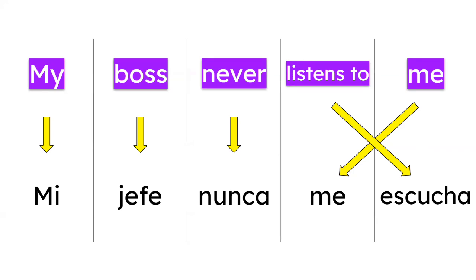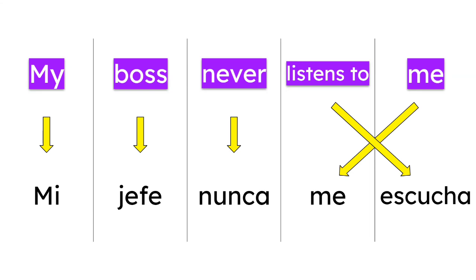Because with this lesson, I'm sure it's going to be clear to you, right? But the thing is that you've got to get used to this. You've got to practice. In the beginning, you're going to take some time. You've got to think like, okay, listen to me or needs me or whatever is first me, no? Me escucha, me necesita, etc. So this needs practice.